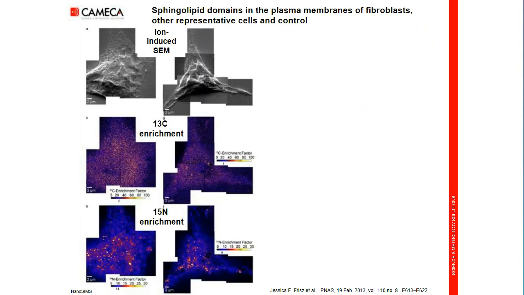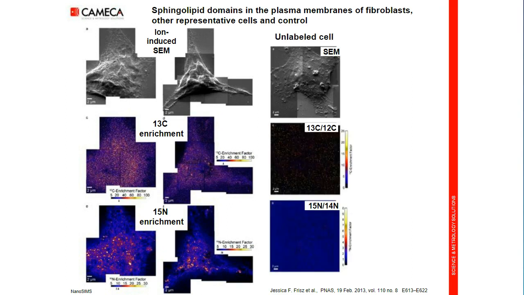We present here two other cells out of the many cells that have been analyzed for this publication, showing similar results. A control cell shows evident lack of enrichment. And we have already seen the interest of using ratio images, allowing to cancel topographical artifacts, another possible artifact.